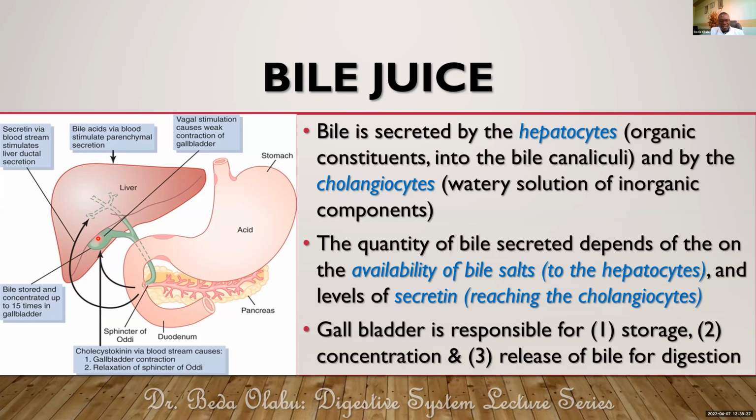It contracts. So bile will go to the cystic duct, then common bile duct, then ampulla of Vater. But bile can also come from the liver directly and follow that route all the way to the duodenum. 3 possible routes of bile flow.